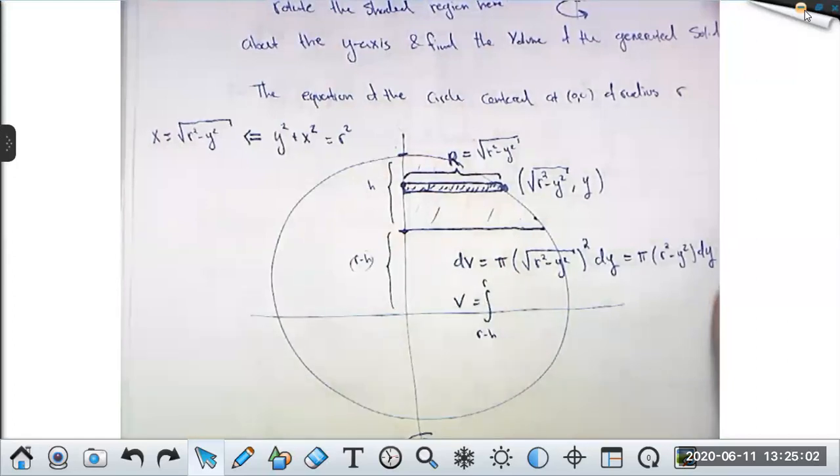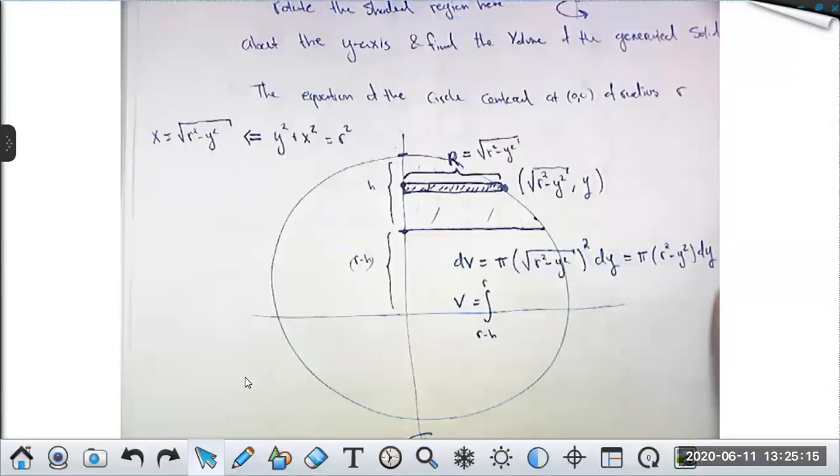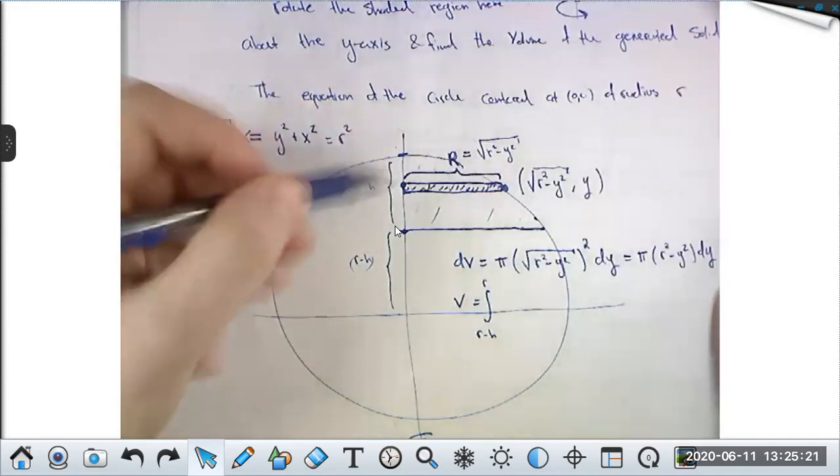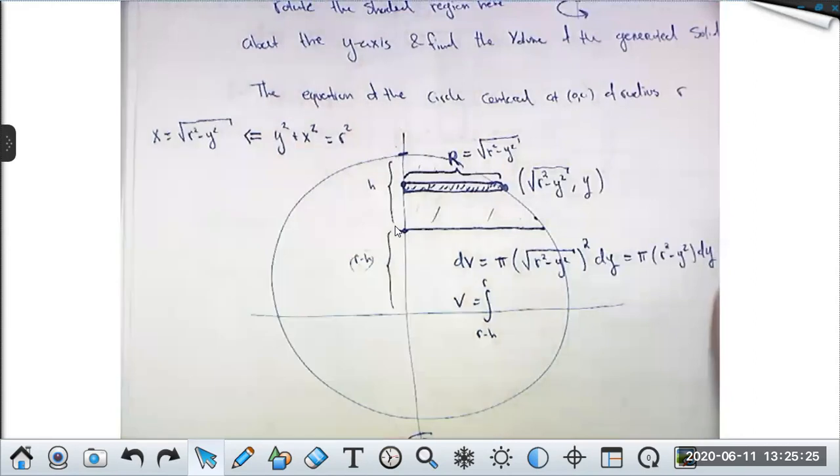Okay. Why? Look back at the problem at how they labeled things. The radius of the sphere is r, and the height of the cap, that's this. I see. Okay, so our axis of rotation, or where the line lies, that makes sense.